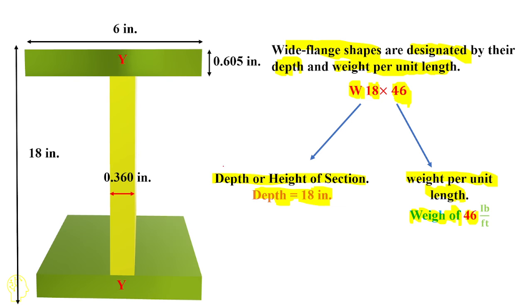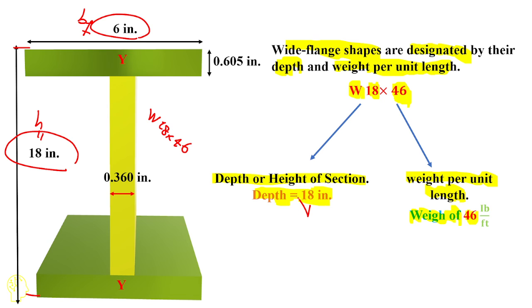And just be careful if you have your wide flange section like this. For example, if this is W18 times 46, the entire height of the section is equal to 18 inches from the top of the top flange to the bottom of the lower one, and this is 6 inch. That's the width of the flange, and it gives depth or height of section 18.